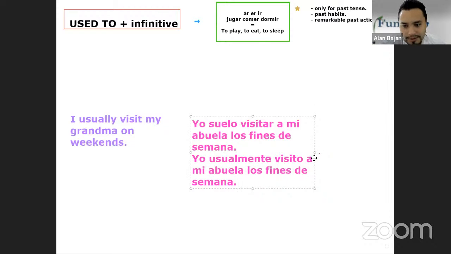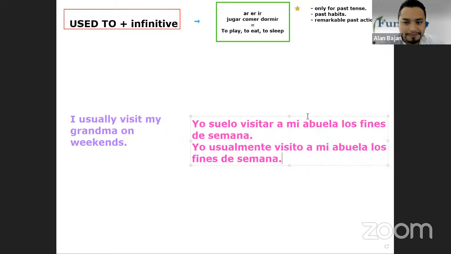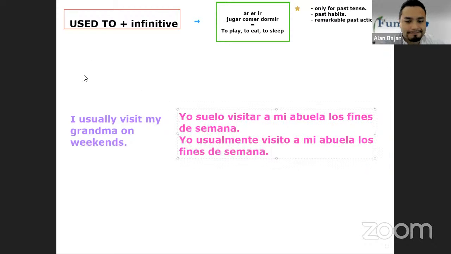Lo mismo, solo que con diferentes palabras. This is to express customs in present tense.